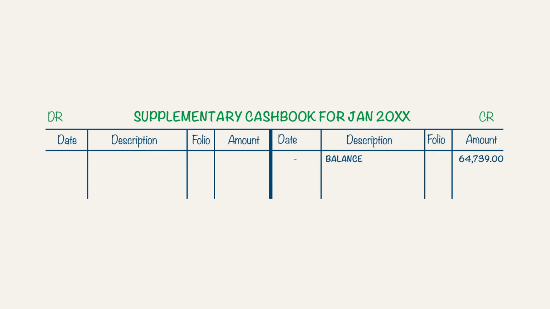Transaction 1. Overdraft interest of 928 Rand has not been recorded in the cash book. Remember the rule: debit the receiver and credit the giver. Interest paid is an expense. So, you will credit the supplementary cash book as you are giving money to pay the expense. Transaction 2.